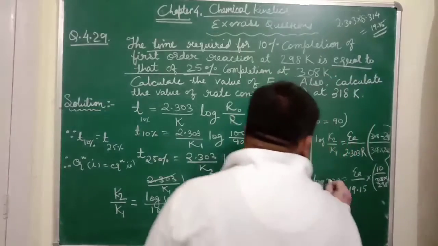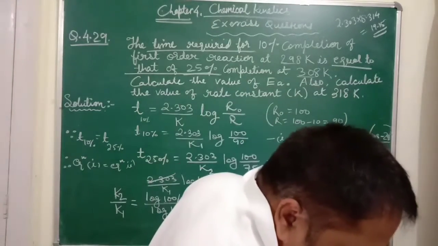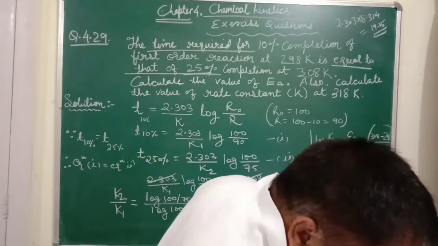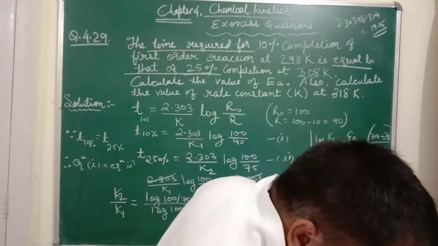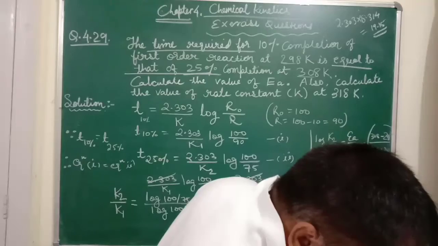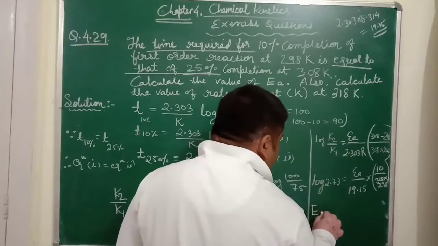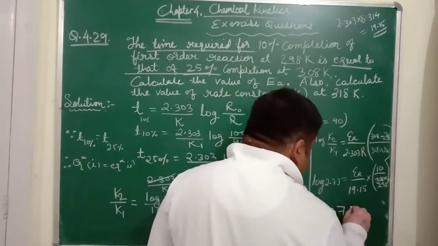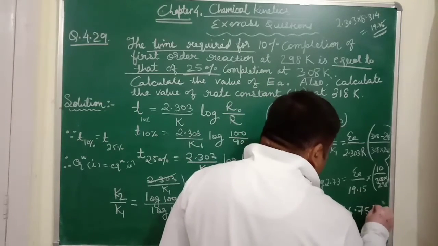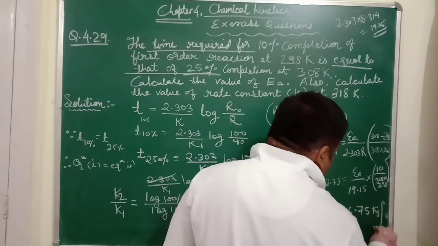Now we can find out the value of log 2.73, and then the Ea value will come out to be 76.75 kilojoule per mole.